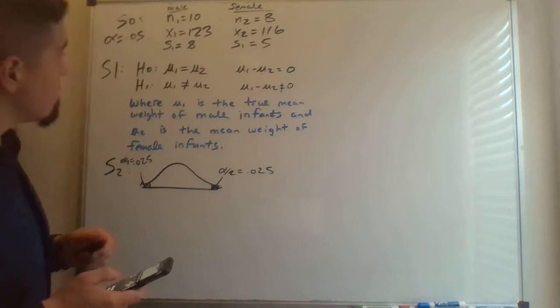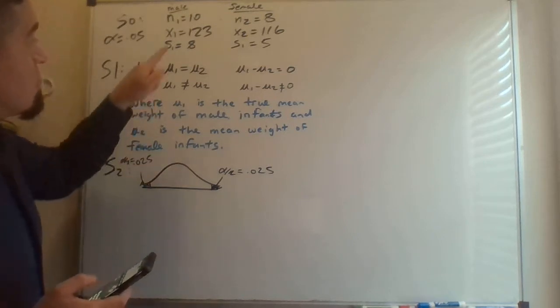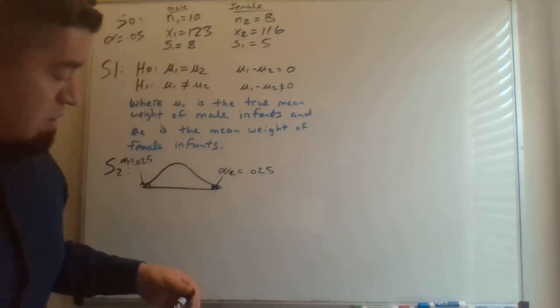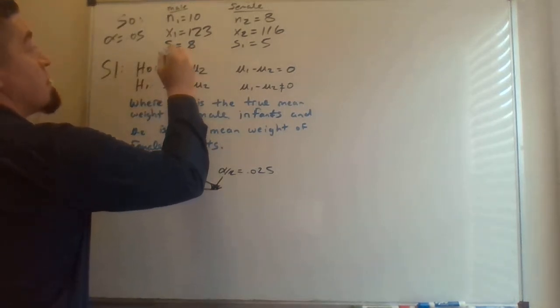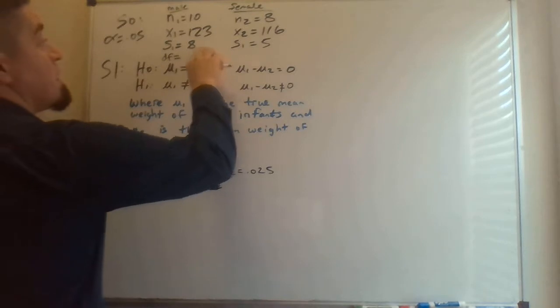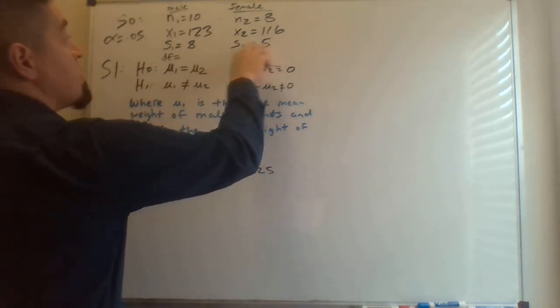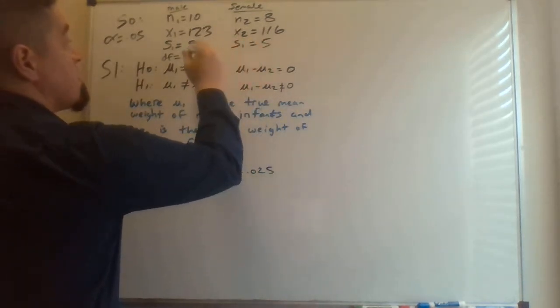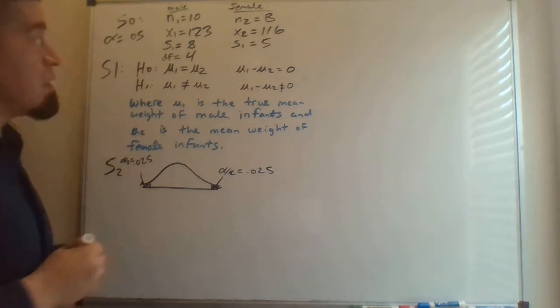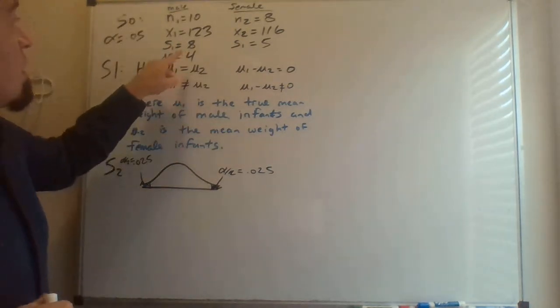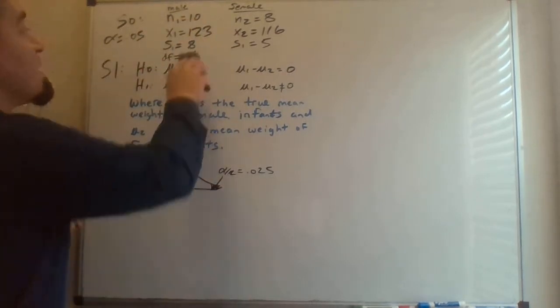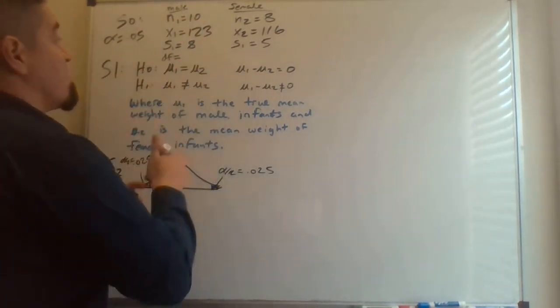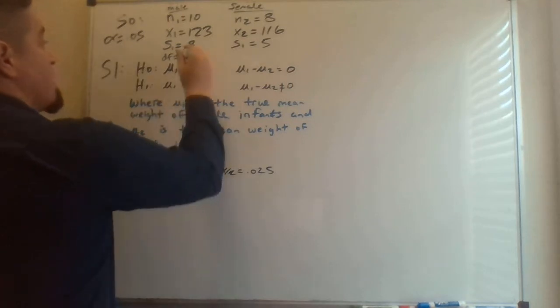With degrees of freedom being the smaller of the two n's minus 1, so it's going to be 7.